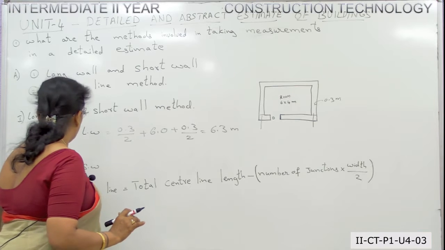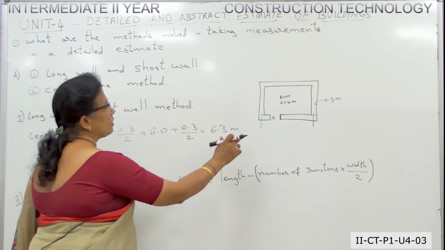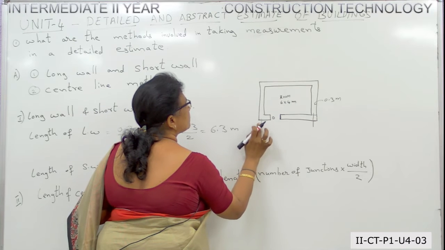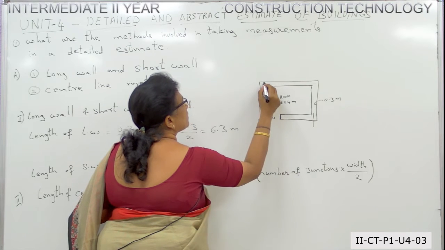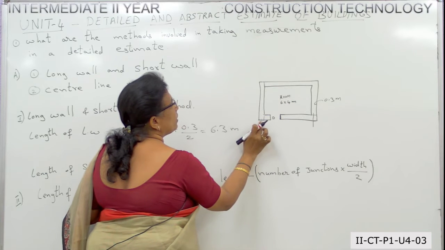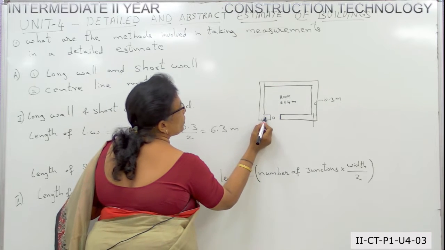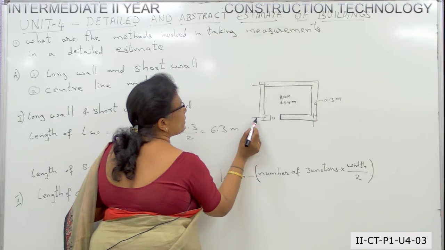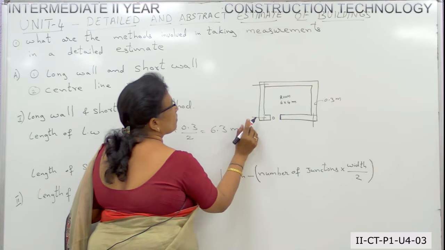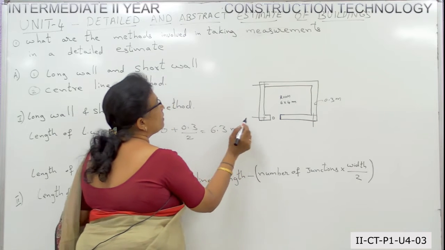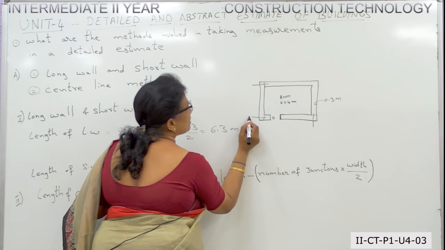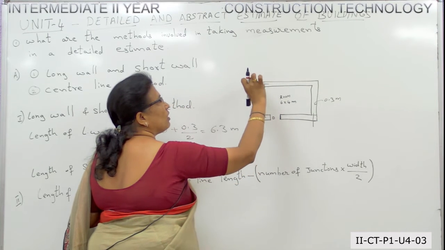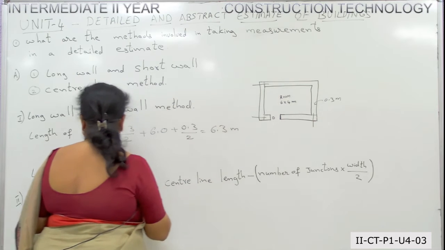Now, the length of the short wall. This is your short wall, from here to here. You need to calculate the length of the short wall from here to here. This is half the width of the wall, then the length of the short wall, then half the width of the wall.